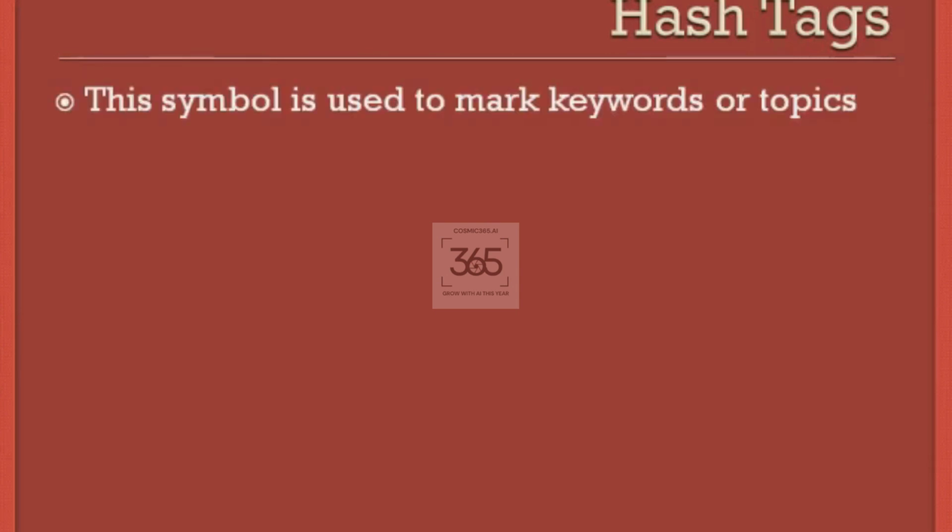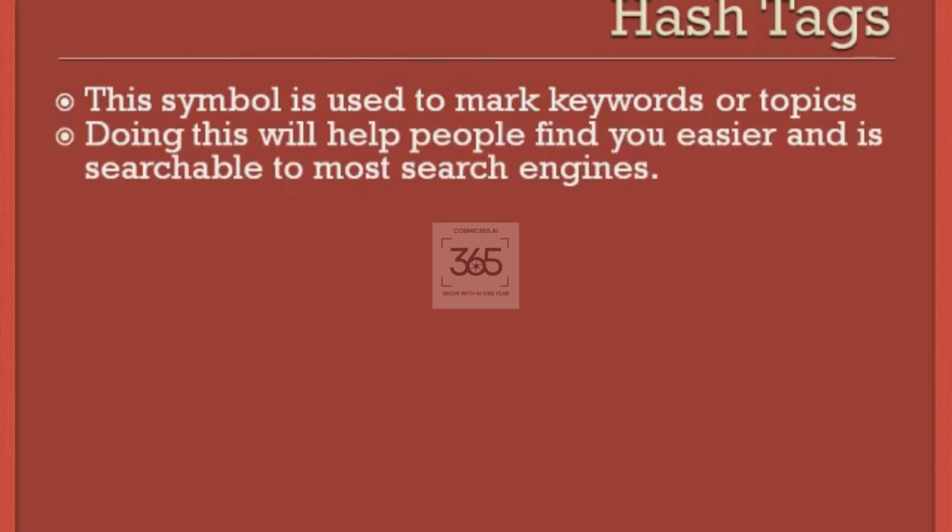Now let's talk about hashtags and how you can use hashtags correctly. This symbol is used to mark keywords or topics, and doing this will help people find you easier and is more searchable to most search engines. So as you can see, the hashtag is just a number sign. You put a number sign and then you put the keyword.